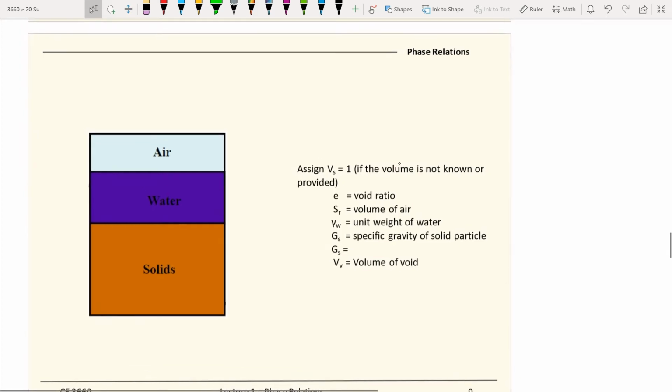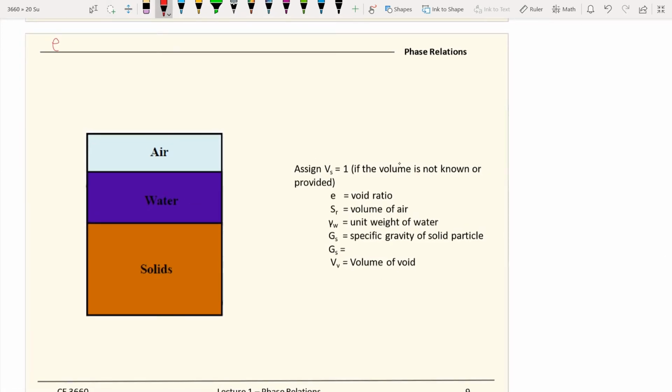We have learned all this terminology now: the volume and weight of each of the air, water, and solid components, and also the void ratio, the saturation, the unit weight of water, and the volume of void. We want to make use of this terminology to represent the phase diagram.